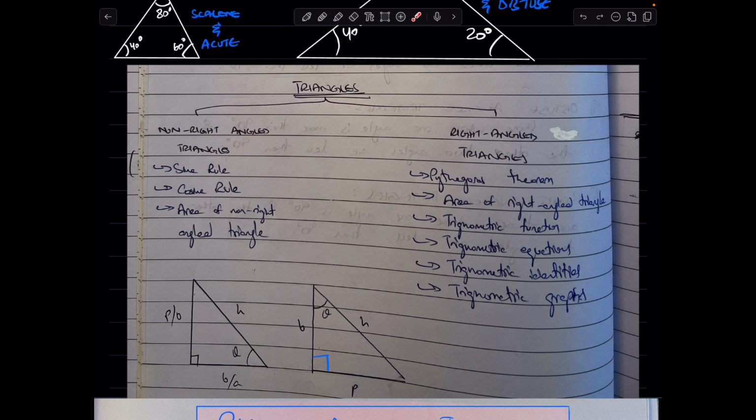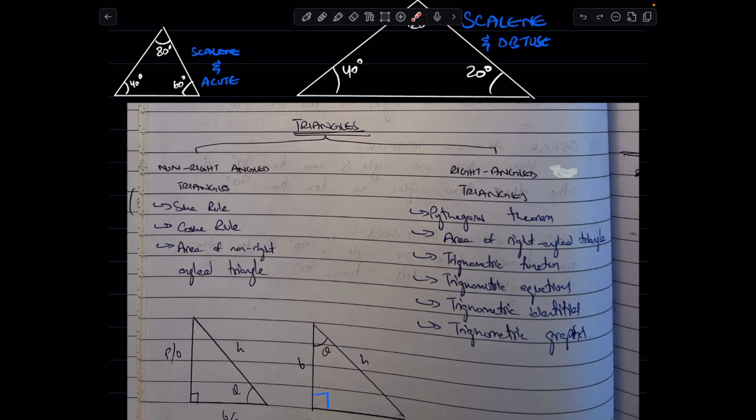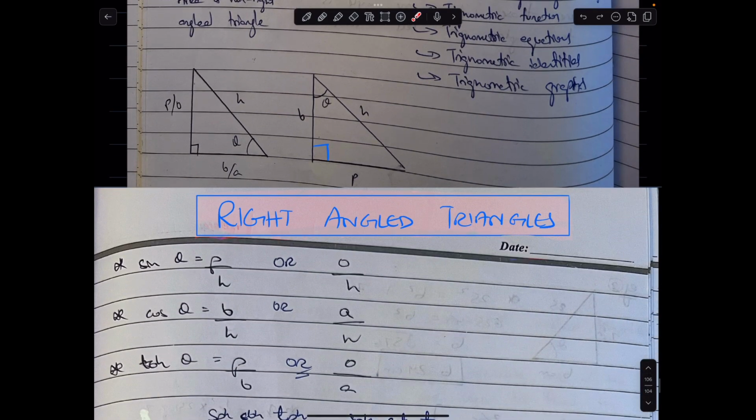You also learned most of these in AS level, but when we talk about trigonometric identities, this chapter does include new identities. Then we have non-right angle triangles, sine rule, cosine rule, and the area of non-right angle triangles, which I expect you have also studied, but we will recap them.